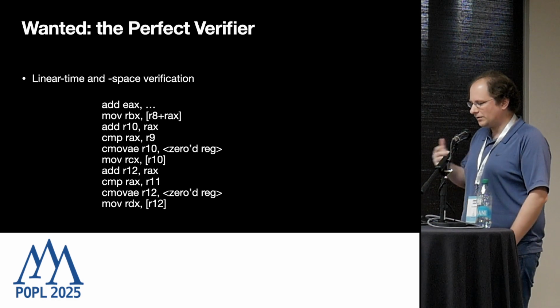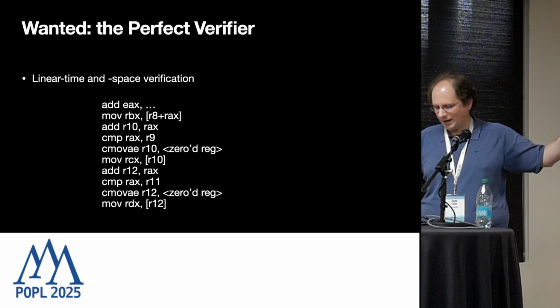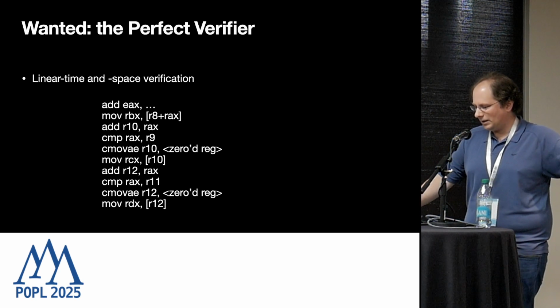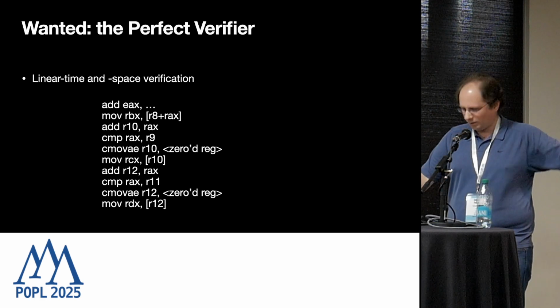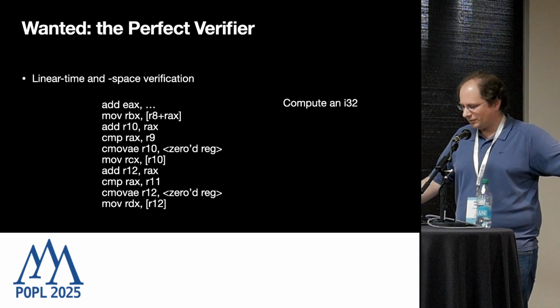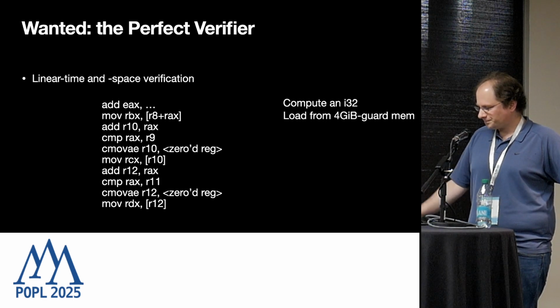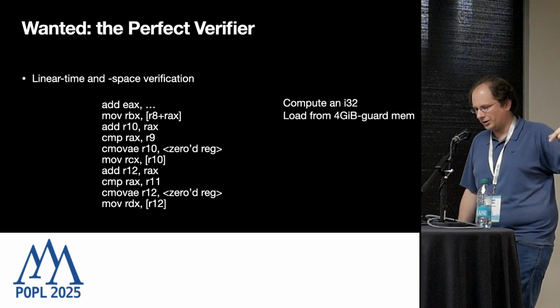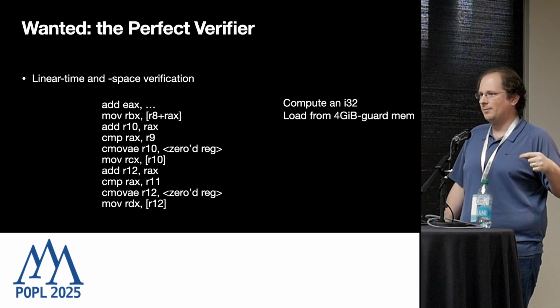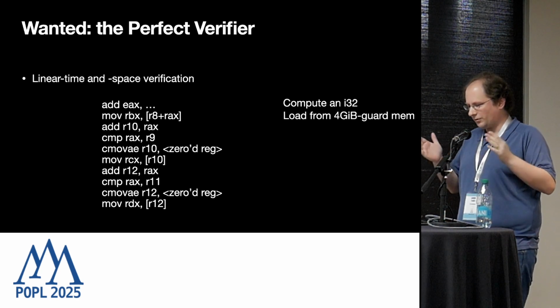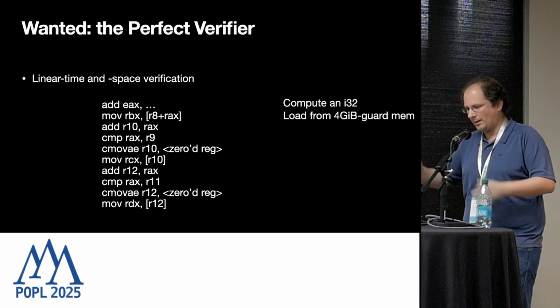So I'm showing some machine code here with 3 different accesses to 3 different memories, a static memory and 2 bounds checked memories. And I'll walk through which part is which. So first we compute some arbitrary I32. And then this move RBX, this load into RBX, is a load from a 4 GB memory that's statically bounds checked. So there's no bounds check in the machine code, it's just the virtual memory tricks.